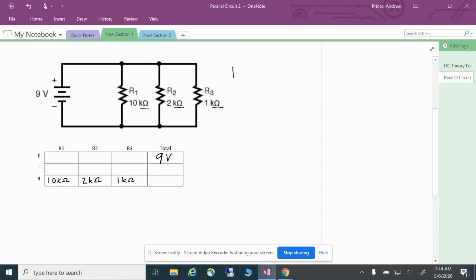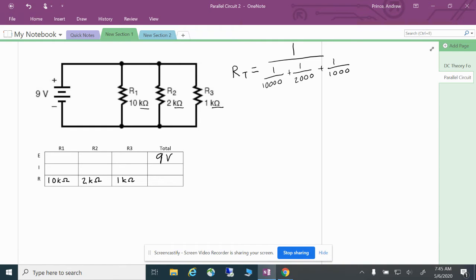Now what that's going to look like, let's write out the formula here so we make sure we put it into the calculator right, is this. So that's going to give us our resistance total.